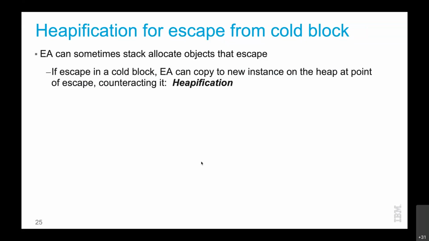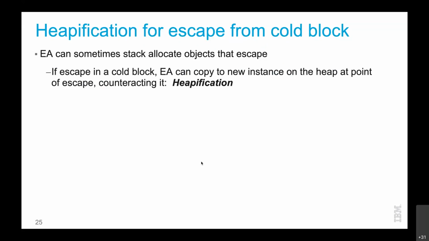So what's a cold block? Well, a cold block, roughly speaking, is a piece of code within a method that, through profiling, has been determined to not be frequently executed. Perhaps it's throwing an exception, or doing some other rarely executed operation.